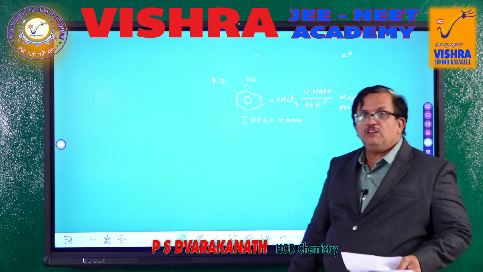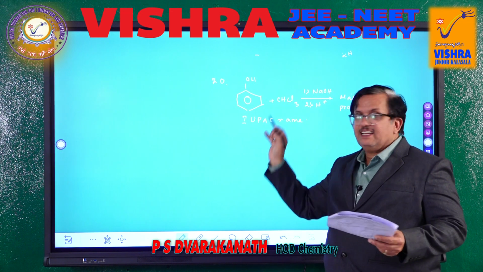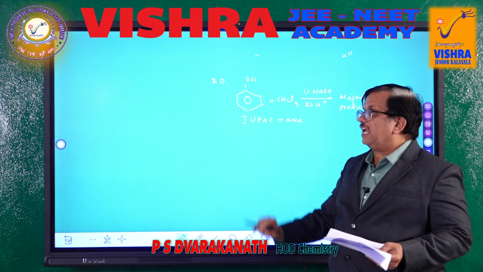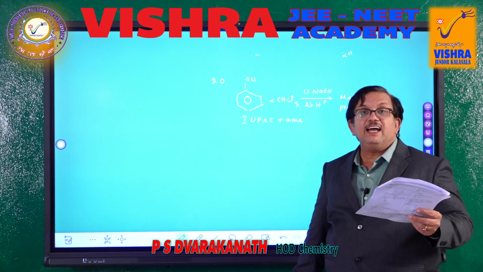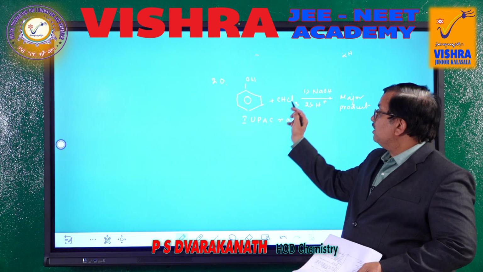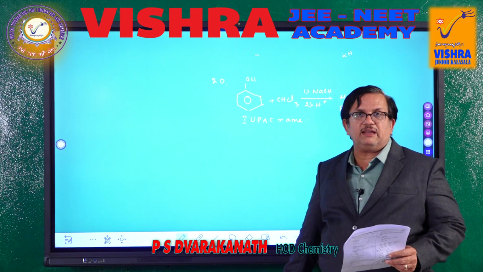Now, if you look at the reaction, what is that reaction? If you remember, that is a famous reaction in phenols, that is the Reimer-Tiemann reaction. In that, what is the electrophile? Dichlorocarbene is the electrophile.